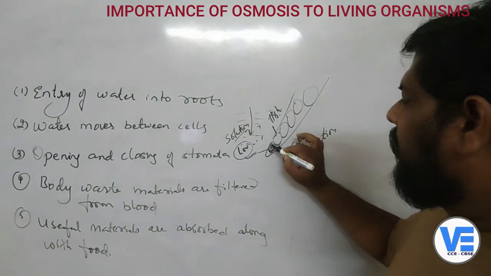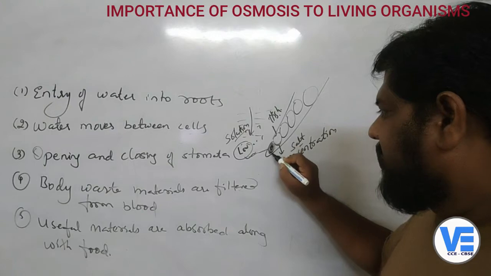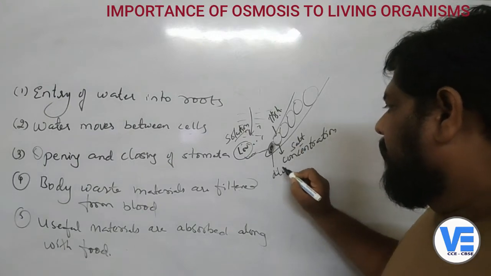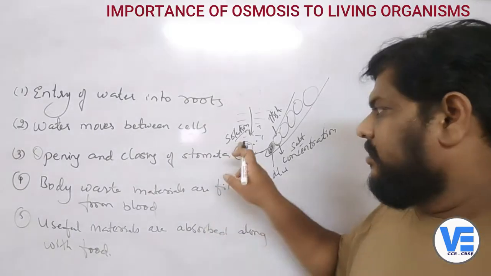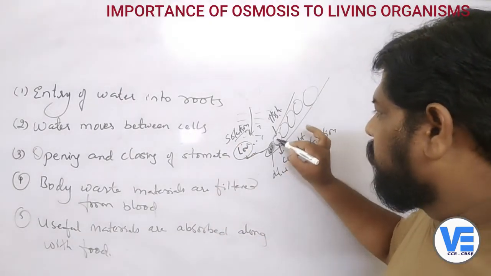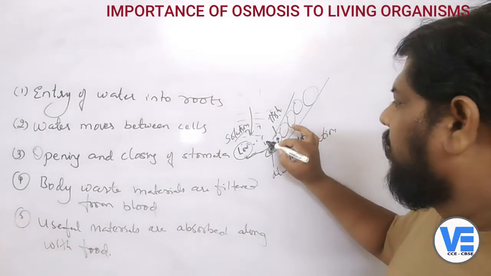So from here now, the solution which is here is now diluted because there is an addition of solution from the soil. Now when you compare these two cells, one is having the higher concentration, the other is having the lower concentration.